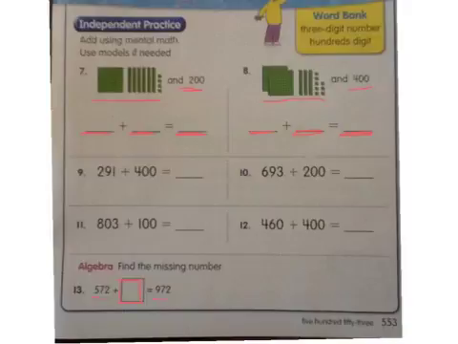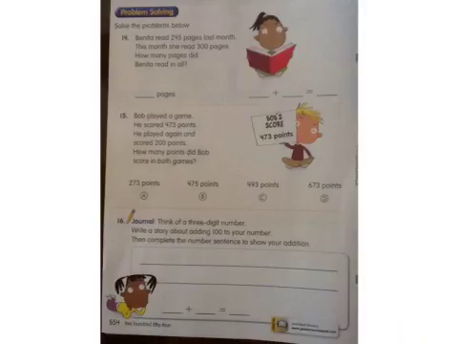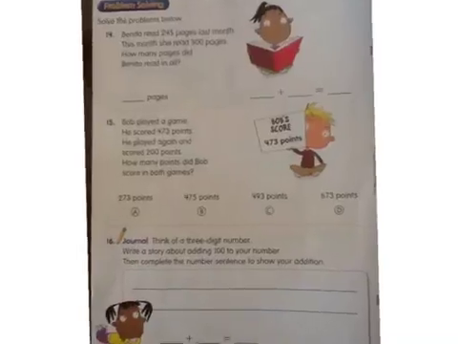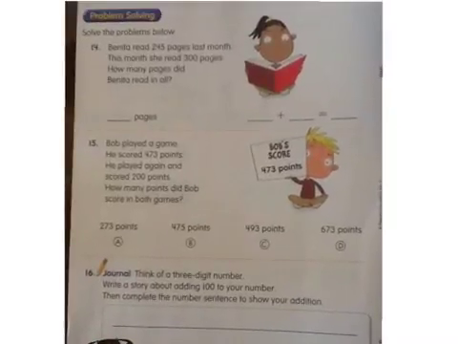All right, next is the back, problem solving. Whoops, let me erase that and go back to my zooming button. Solve the problems below. Benita read 245 pages last month. This month she read 300 pages. How many pages did Benita read in all?